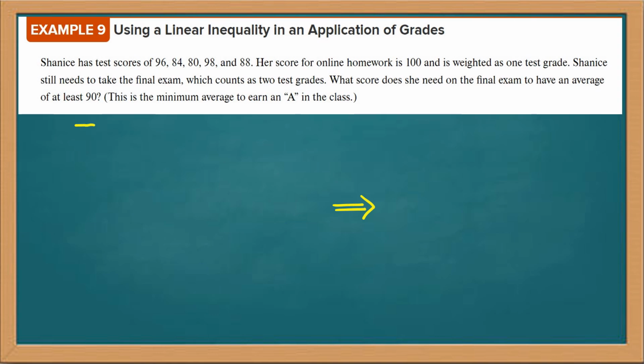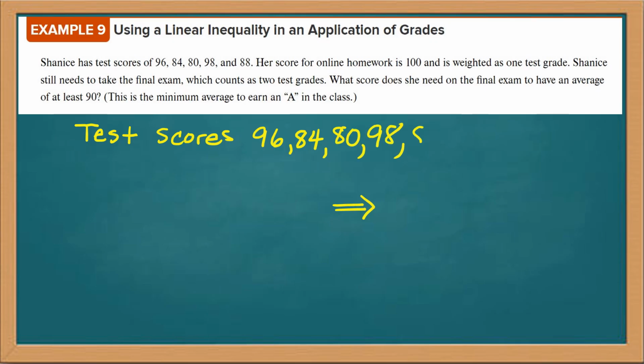So she's got these test grades, and we know how to find an average. That means you just add up all the test grades and divide by the number of test grades. But there's a little bit more to it. You've got 96, 84, 80, 98, and 88. And then you've also got that 100 for her online homework. That counts as a test grade.